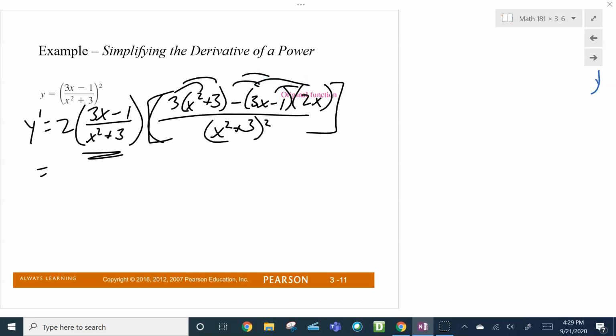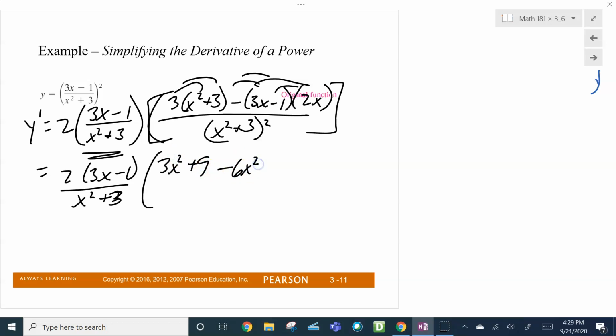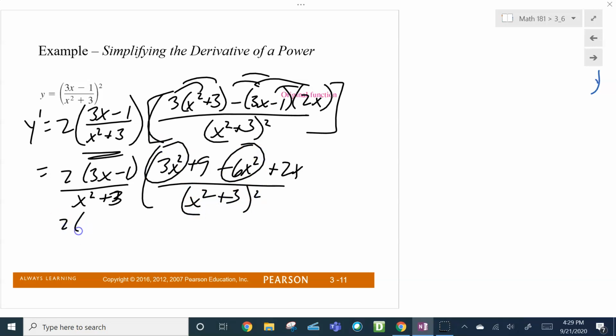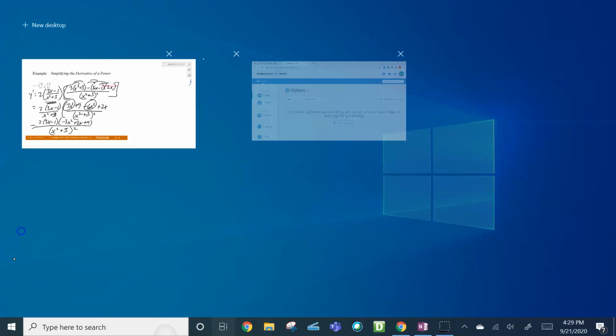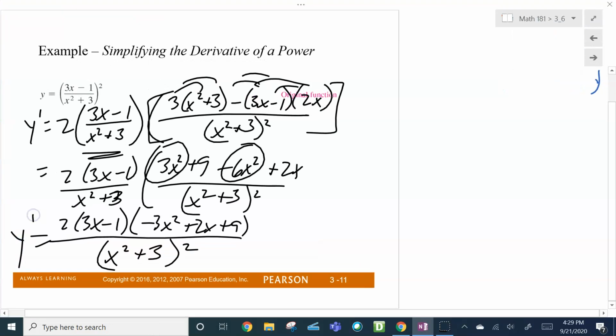Okay. Combine those. There's our y prime.